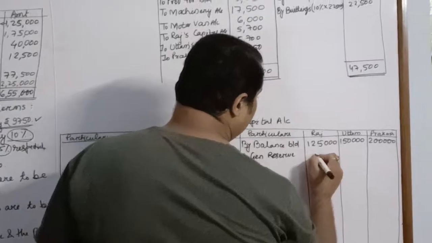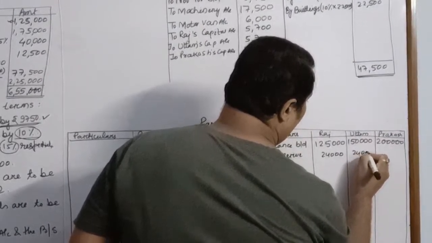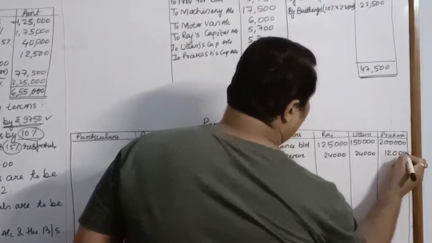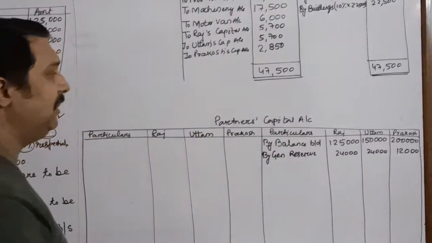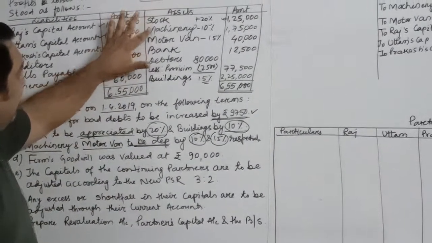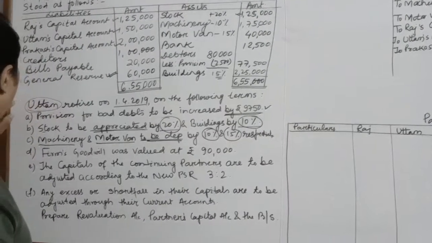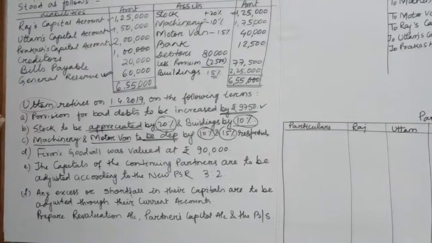So it will be rupees 24,000, 24,000 and 12,000. On the asset side, we do not have any item to be written off. I will go out of the balance sheet.